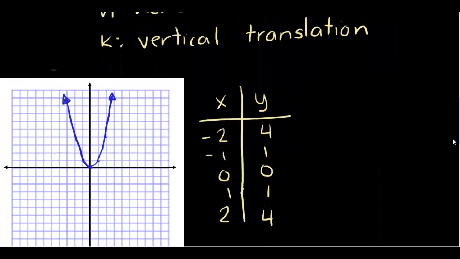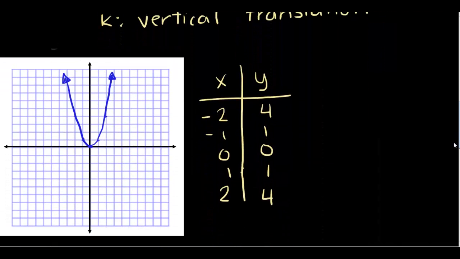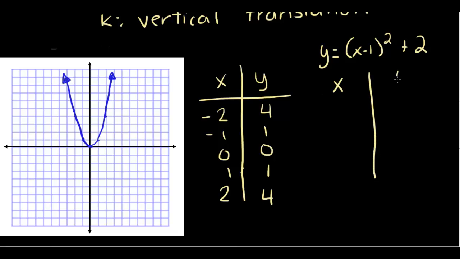Okay, so here's the graph of the parent function, and we're going to graph now y equals (x minus 1) squared plus 2. And I'm going to use the table of values of the parent function as a guide. And let me use another color so you can see what I'm going to do.